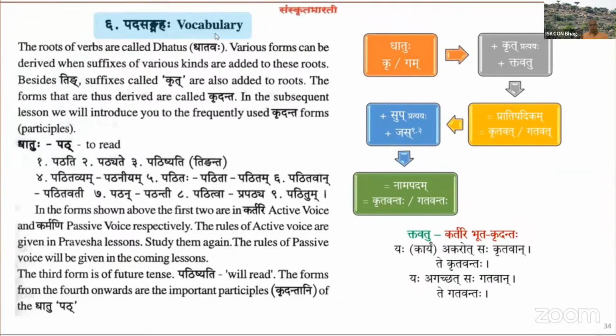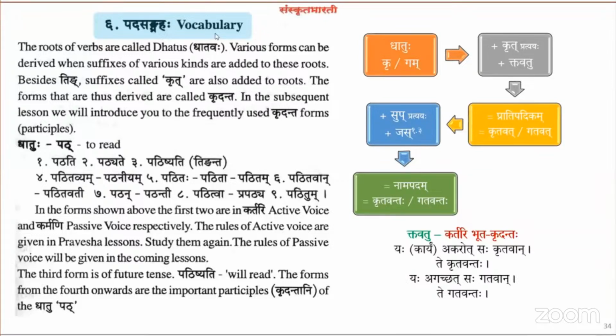In the forms shown above, the first two are kartari, active voice, and karmani, passive voice, respectively. So pathati is the active voice, pathyate is the passive voice. The rules of active voice are given in previous lessons. Study them again.